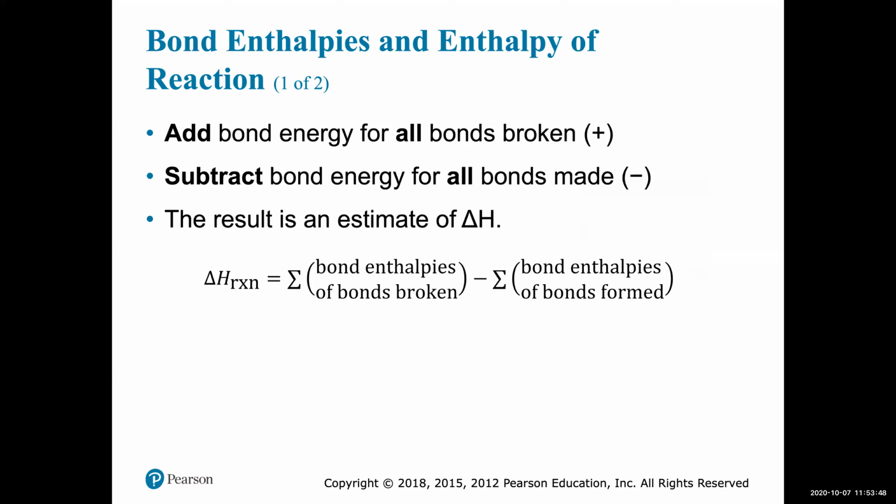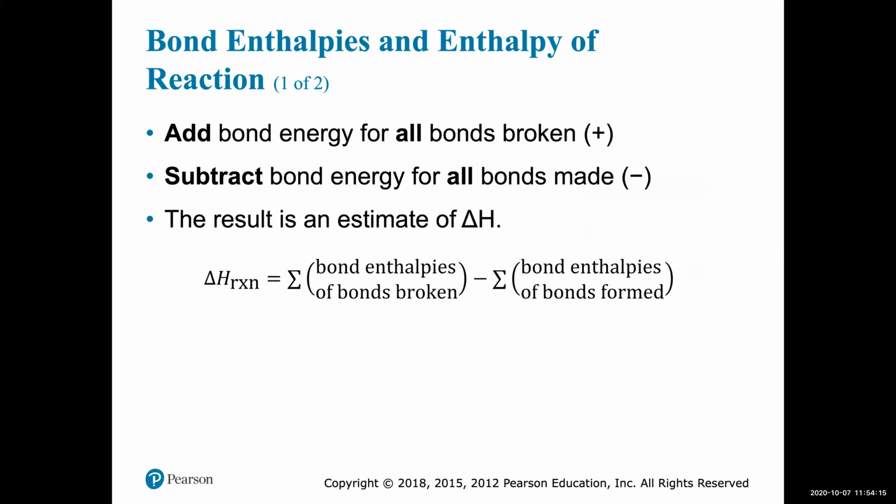So when you do this, you take the sum of the bond enthalpies that are broken, and subtract the bond enthalpies of the bonds that are formed. So which are the bonds that are broken? Is it on the left-hand side or the right-hand side? It's on the left-hand side of the reaction, the reactant side.